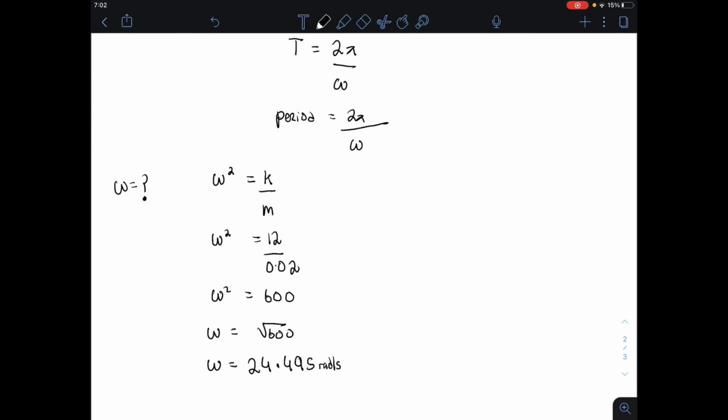Now that I've found my angular velocity, I can go ahead and find my period. The period is equal to 2 pi divided by my angular velocity of 24.495.